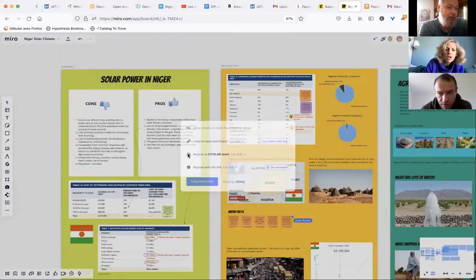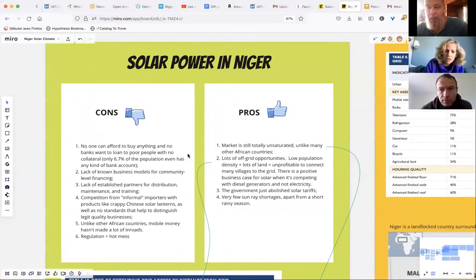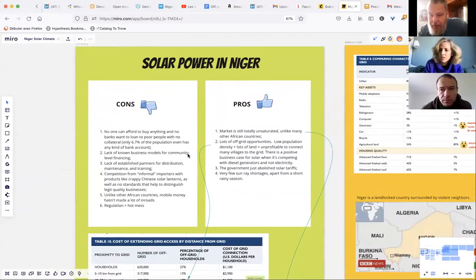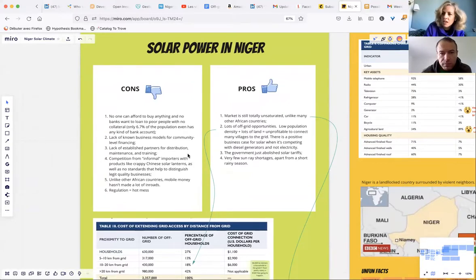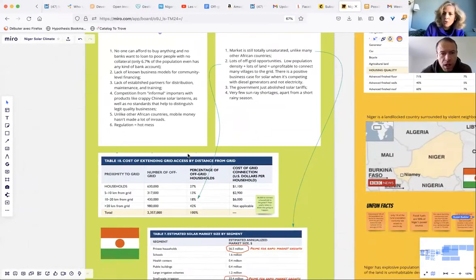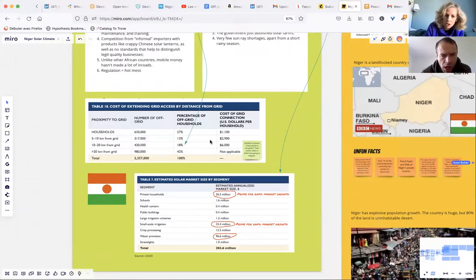Okay. So I made a list of pros and cons about the business case of Solar Niger, and then off USAID they had these charts and tables. So I just copied these charts and tables so you can see.